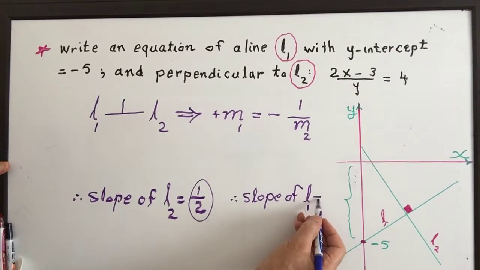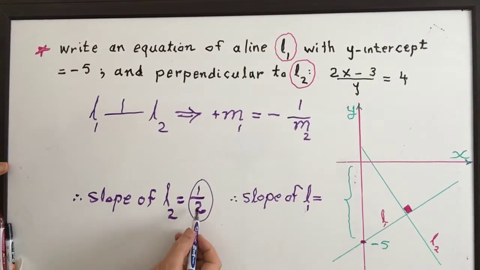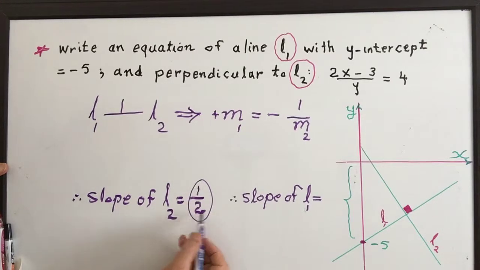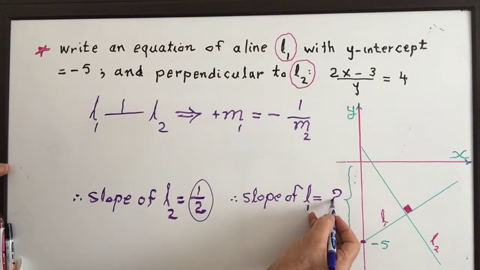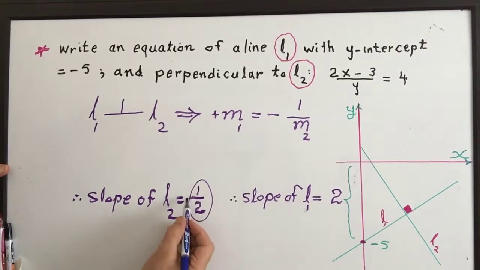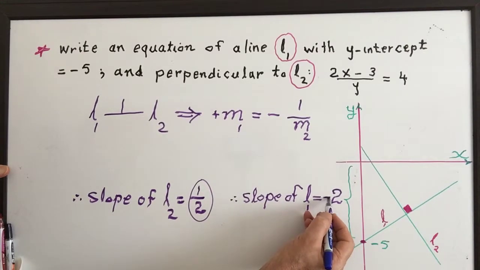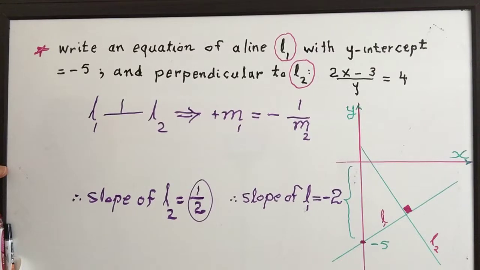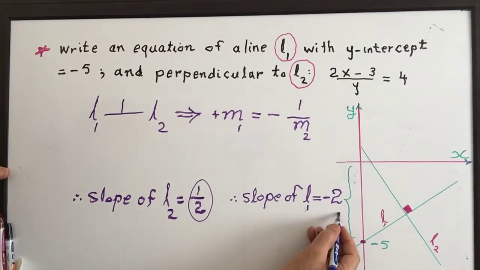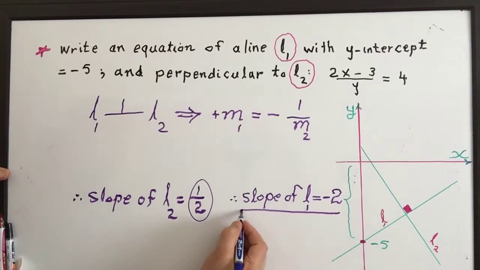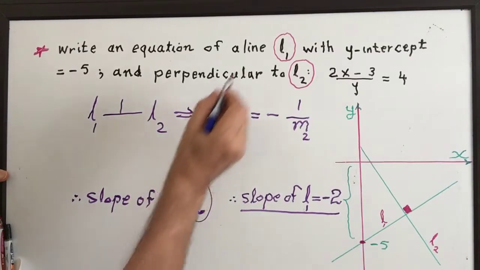The inverse of 1/2 is 2, and because this is positive, we put negative here. So we got the slope of line L1, which is -2.